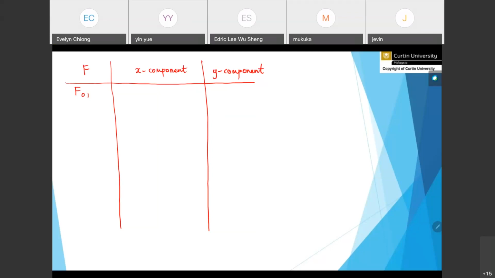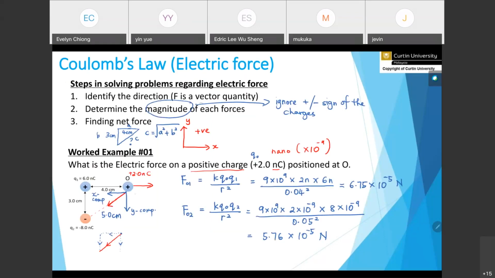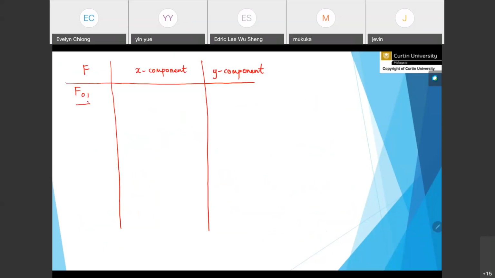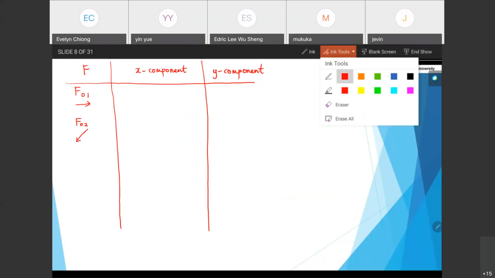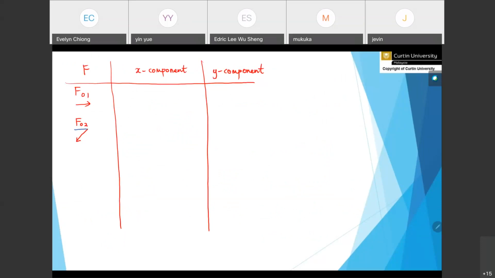Just now we have drawn it, just for you to look at the direction, to the right. And then F02 is southwest. This is the direction. F02, the direction is like this, right? And now we have also said that we are going to resolve this one to be this way.